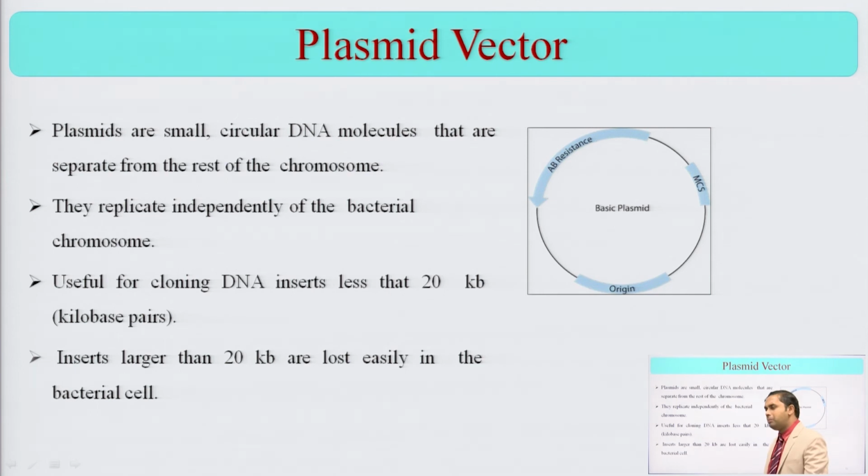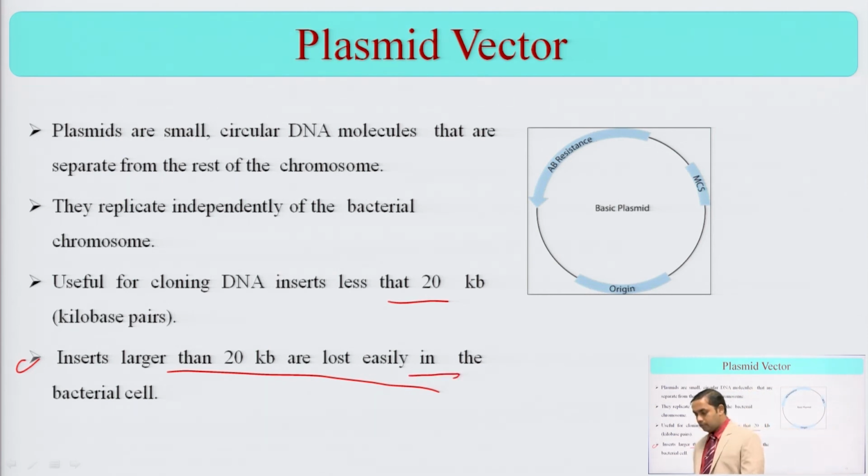If you missed my previous lecture where I told you in detail about plasmids, this is a very small circular DNA that is separate from the rest of the chromosome. They replicate independently of the bacterial chromosome and are useful for cloning DNA inserts of less than 20 kilobases. Inserts larger than 20 kilobases are easily lost in the bacterial cell.